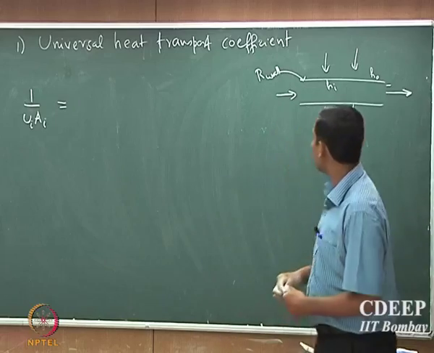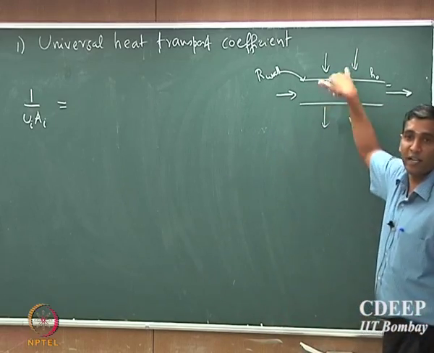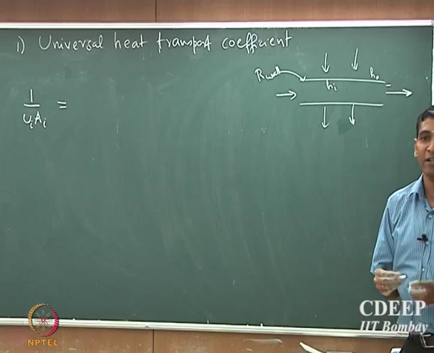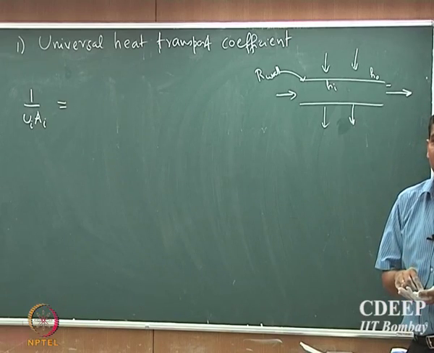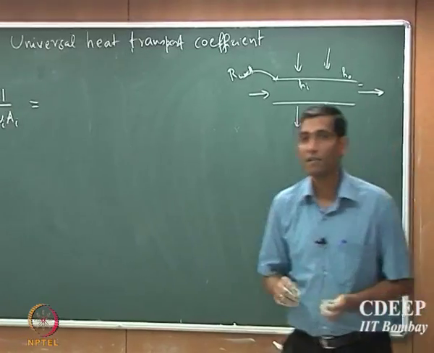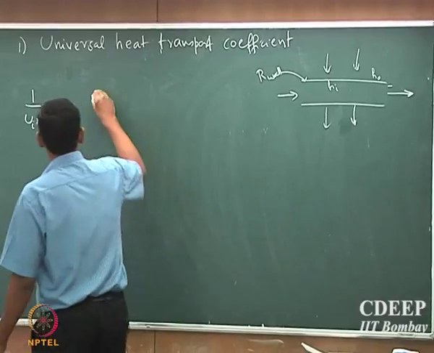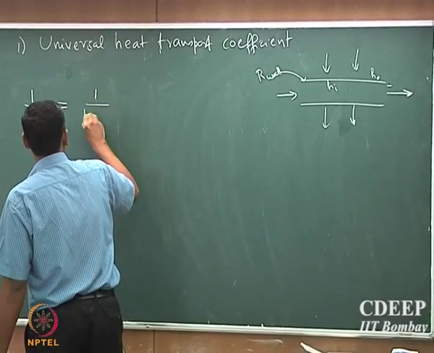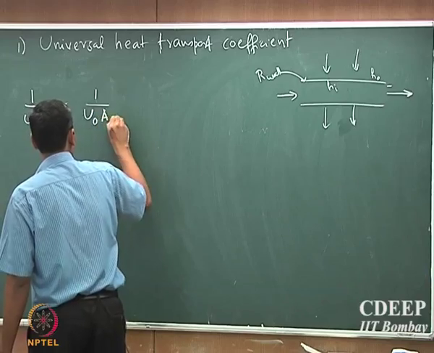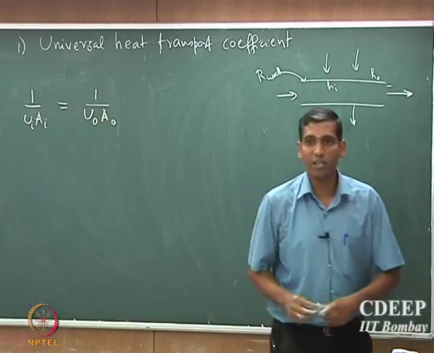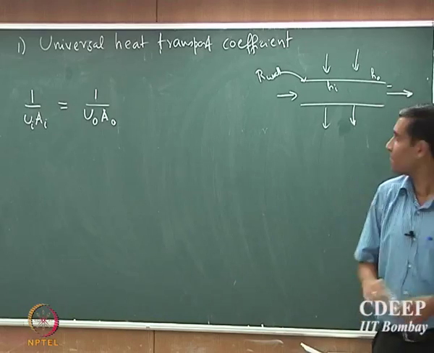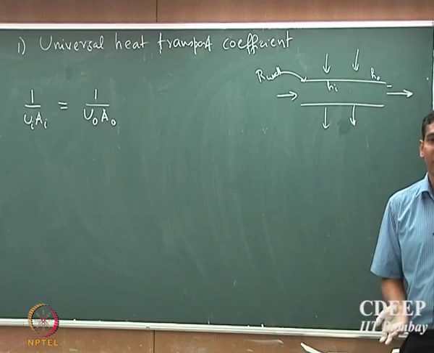how are the inside and the outside universal heat transport coefficients related? Yeah, that is also equal to 1 by UO times AO, right. So, the universal heat transport coefficient defined based on the outside surface area.